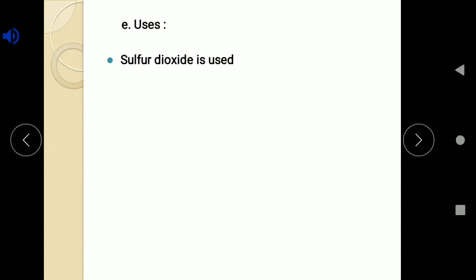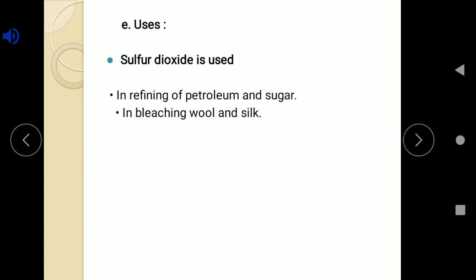Now we'll see the uses of sulfur dioxide. Sulfur dioxide has various applications. It can be used in refining of petroleum and sugar. Refining means purification. It is used in bleaching of wool and silk, and as an anti-chlor disinfectant. Anti-chlor means against chlorine. Chlorine is used for disinfection, but it has some side effects.